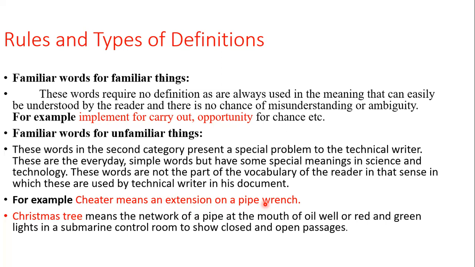Now, the word you are familiar with, but the object it refers to is not familiar. Clear? There are simple words with special meanings. These meanings of cheater may hardly exist in the dictionary or the understanding of a common person. Only the experts of the field may have this understanding.